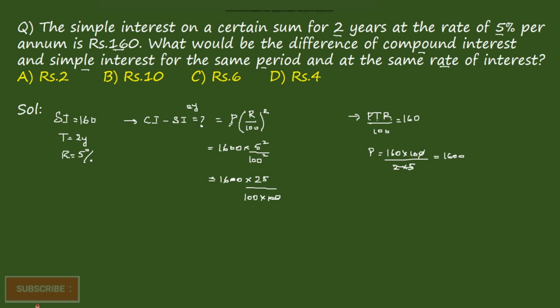These two zeros get cancelled. One side 16 goes with 4, again 4 gets cancelled and it becomes 4, which is equal to 4 rupees, right? So the difference between the compound interest and simple interest for 2 years is option D.